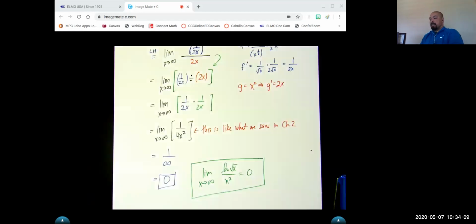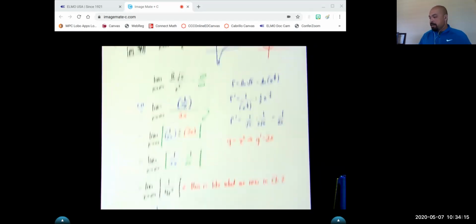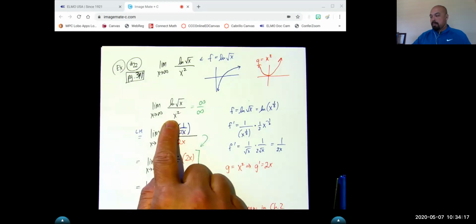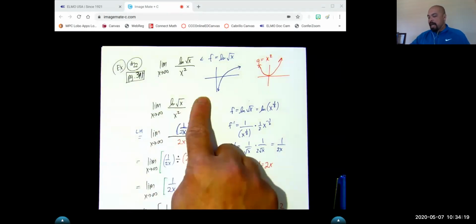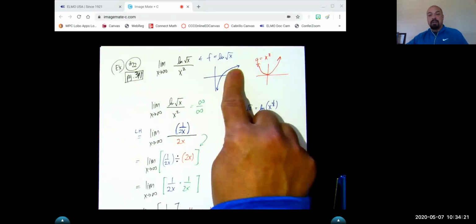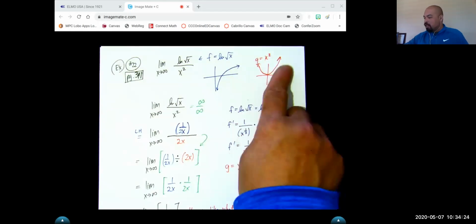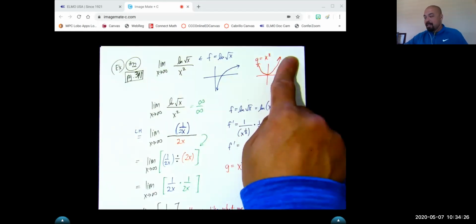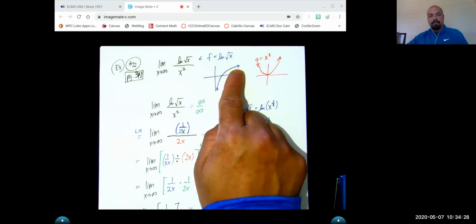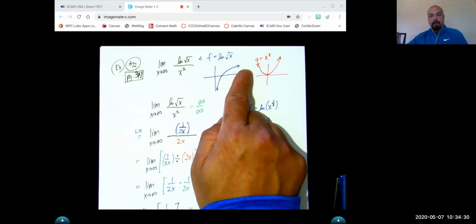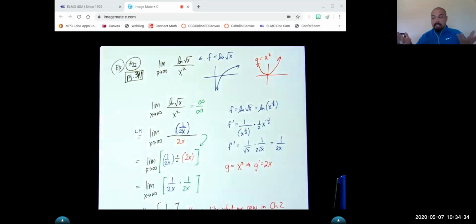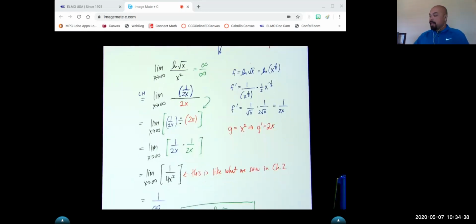But going back to our discussion, when we looked at this limit in this format, I couldn't really tell what's going to happen. Even looking at my individual graphs, maybe I can see that x squared is growing pretty rapidly and the natural log grows at a pretty slow rate, but maybe it'll balance out. We're not sure. So that's why we go through this work.